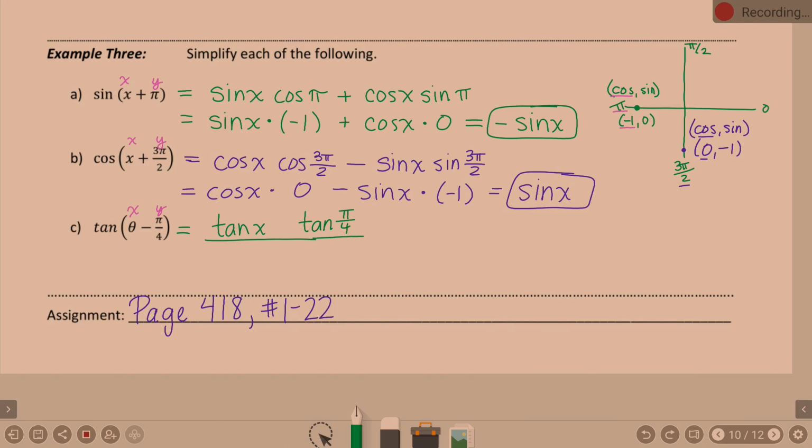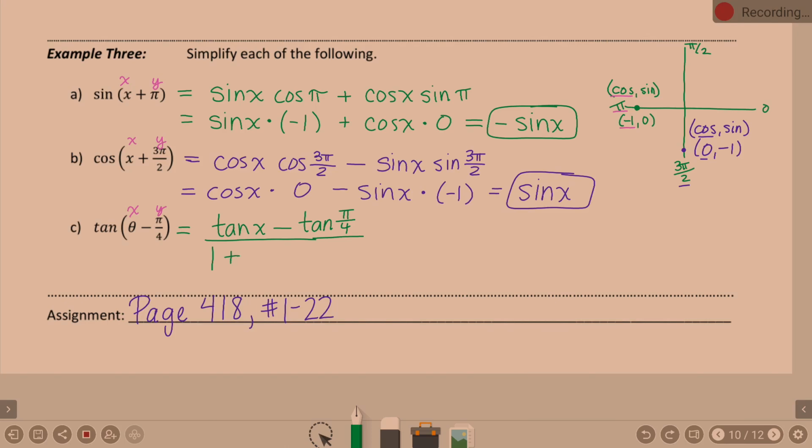Am I adding or subtracting here? The top of the fraction is the same sign as the original problem. It's plus minus just like the original problem. The denominator is 1 minus plus tangent x tangent y. What sign do I use down here? We use the opposite sign, so we use plus.